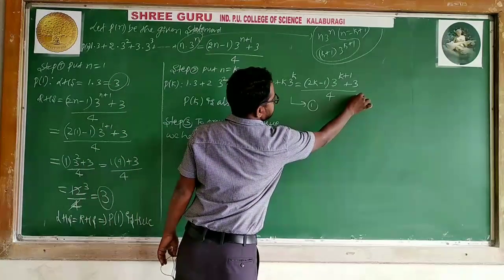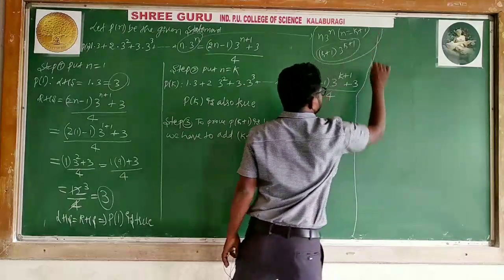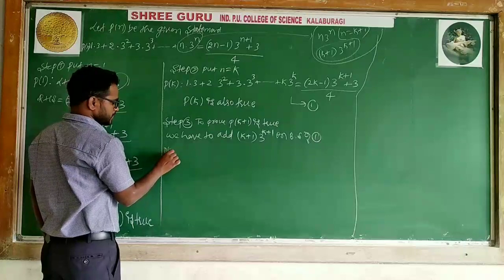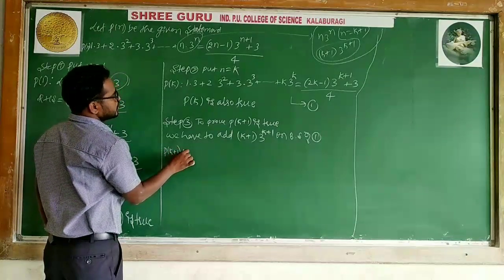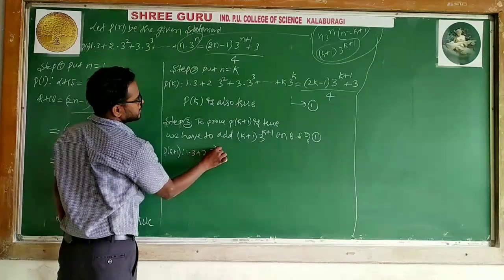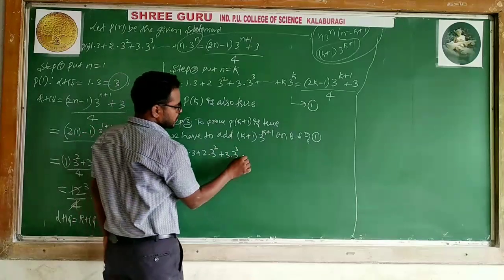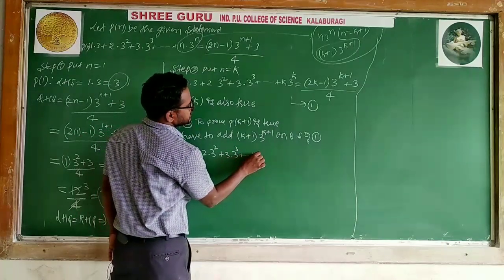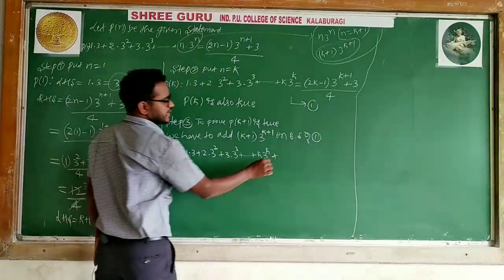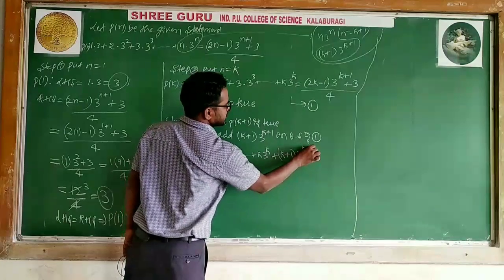So I will write here, P of k plus 1: 1 into 3 plus 2 into 3 square plus 3 into 3 cube plus so on. What we already have is k into 3 to the power k, and what we are adding is k plus 1, 3 to the power k plus 1, on both sides.